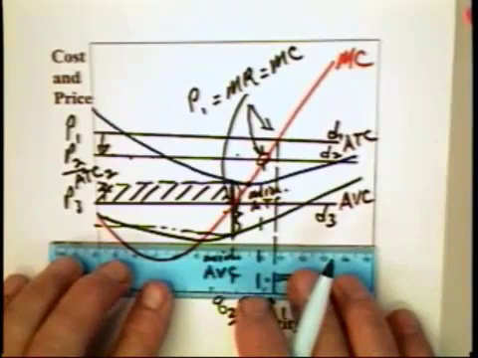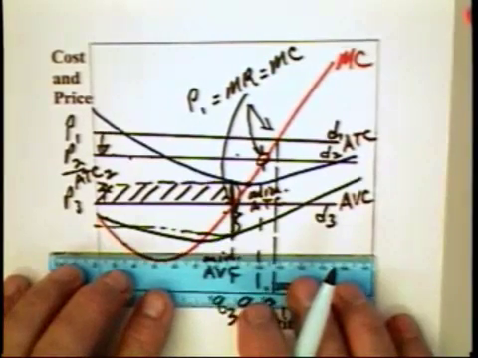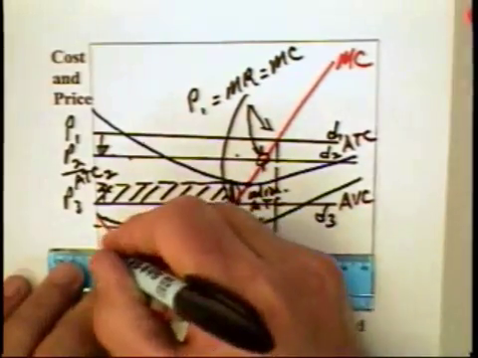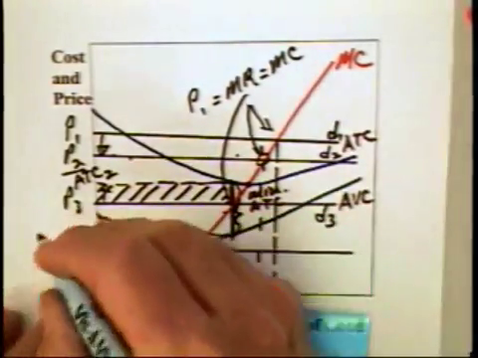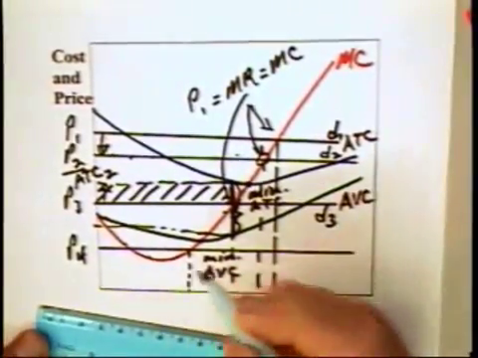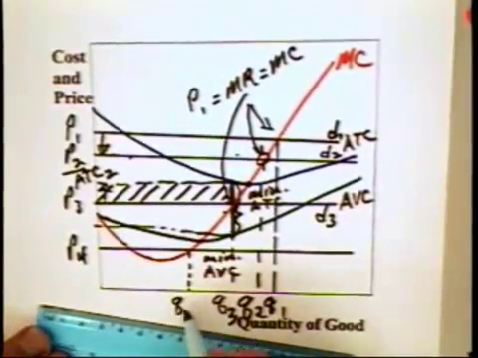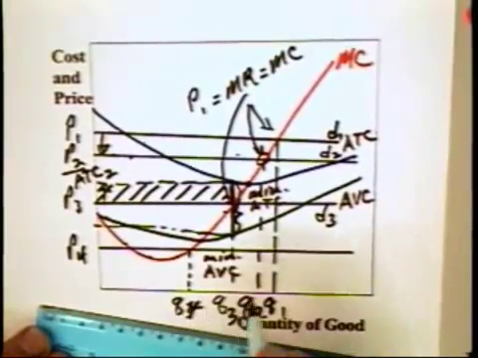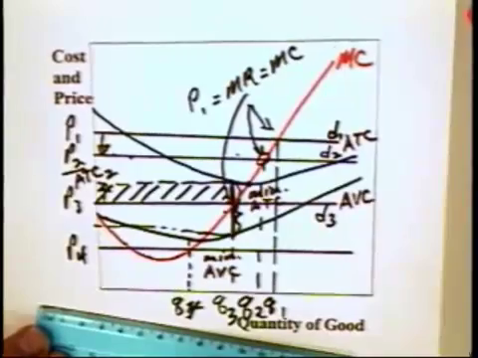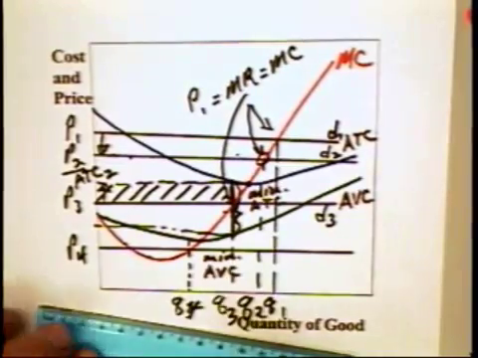Well, let's suppose that the price got to here. Well, let's make it here. If the price goes all the way down to P4, then it follows that even if it followed the MC equal MR rule and produced Q4 units of the good, then its variable cost would be greater than its price. It would be adding to its losses by continuing to operate.